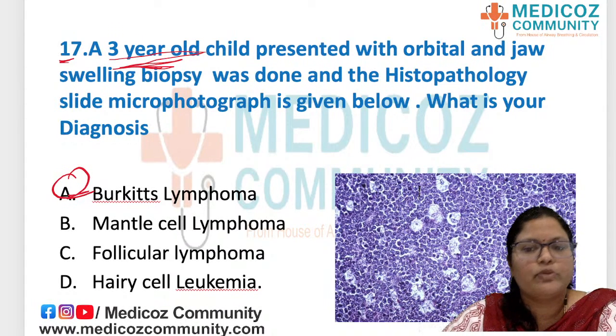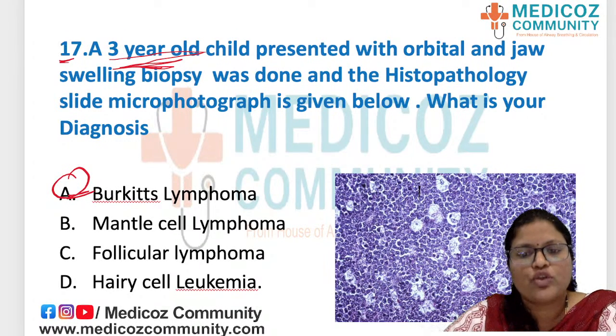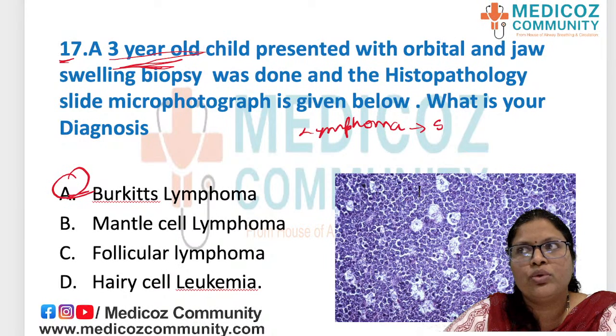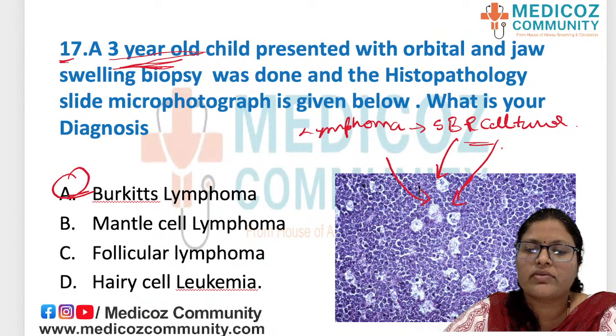Of course this is lymphoma because you see most of these cells here, blue dots. So first of all, remember lymphoma is a small blue round cell tumor. Lymphoma is a small blue round cell tumor, and these cells over here are giving you a starry sky appearance.